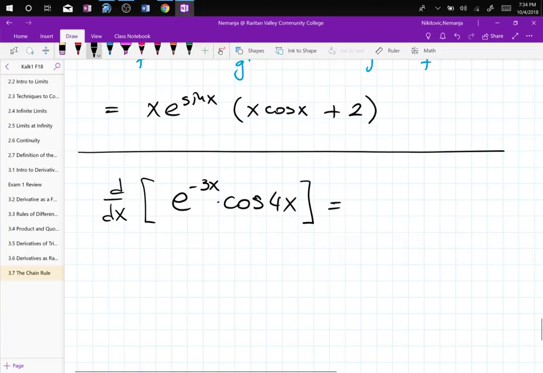What is the main rule? Product rule again. It is exponential times cosine.